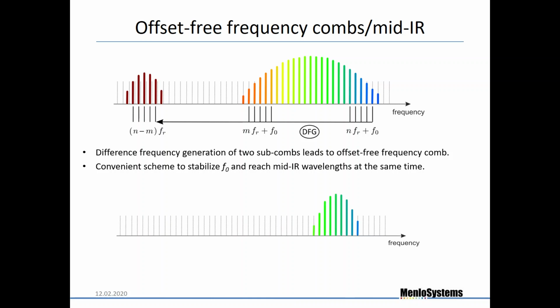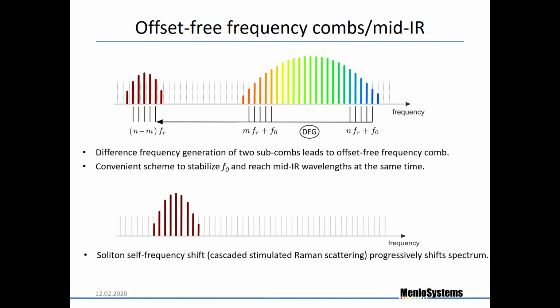There is another method where you have a frequency comb that propagates in a nonlinear fiber as a soliton. And as it propagates, it will be exposed to stimulated Raman scattering and the spectrum will be shifted more and more to longer wavelengths as the soliton propagates. So basically that's based on the soliton self-frequency shift that is caused by cascaded stimulated Raman scattering.